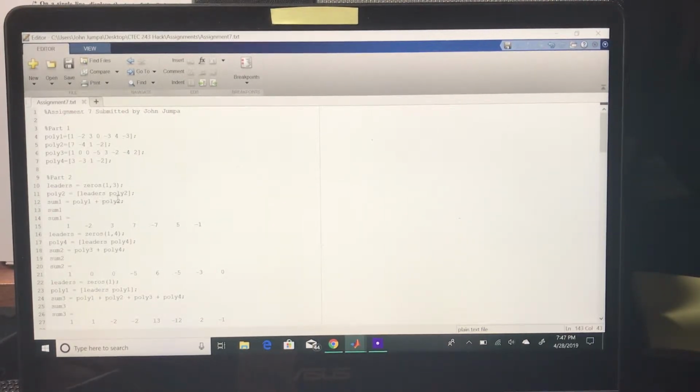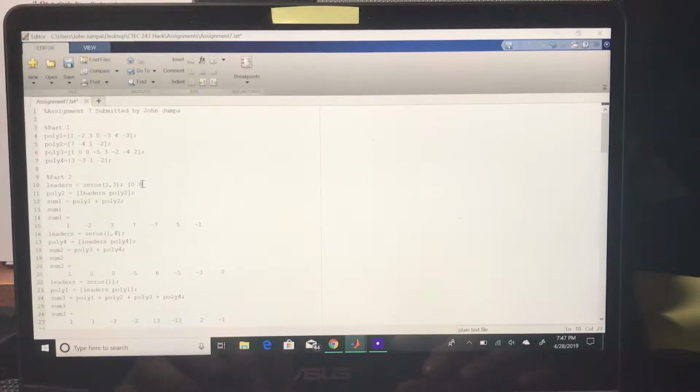Poly 2 equals liters, poly 2. This here finishes it up. This right here just adds the zeros. This right here is liters. You're creating the matrix 0. This is just making a matrix right here, that's making this in the workspace.